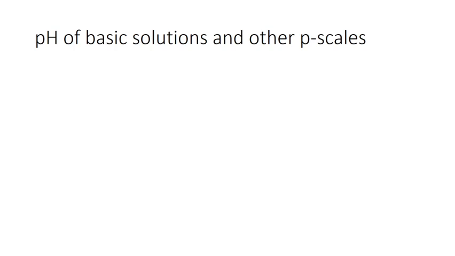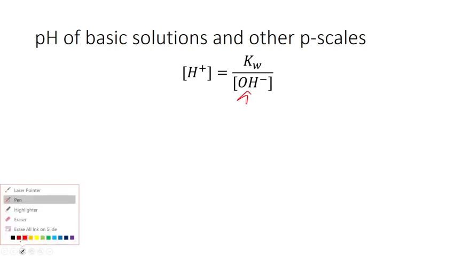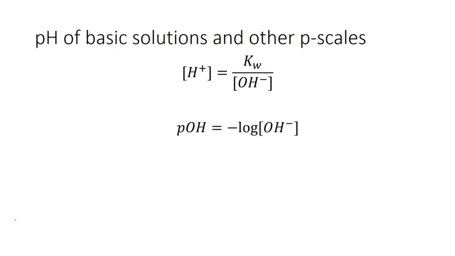Okay, pH of basic solutions and other p scales, right? So here, if we look at this again, because all of these things are set relative to the autoionization of water, we can rearrange this to say that the concentration of hydrogen is equal to Kw over the concentration of OH, where we relate our pH to the concentration of hydroxide rather than just the concentration of hydrogen, right?